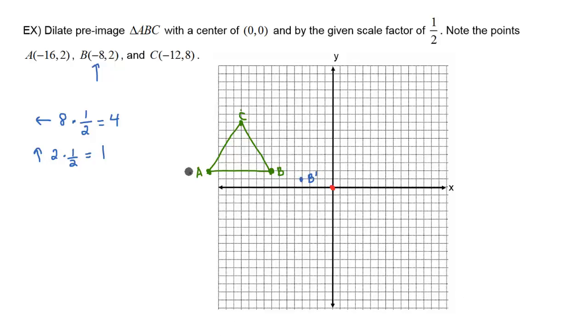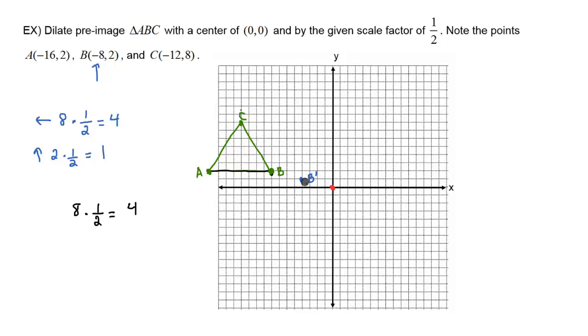Now here's the shortcut. Before, I would do the same thing to get A prime and then C prime, but remember that we're working with a scale factor, and we've got sides, and they're going to be in proportion with the sides of our image. So I could take my length of AB, which is 1, 2, 3, 4, 5, 6, 7, 8, and I can multiply that length by my scale factor, which is 1/2, and I'm going to get 4.